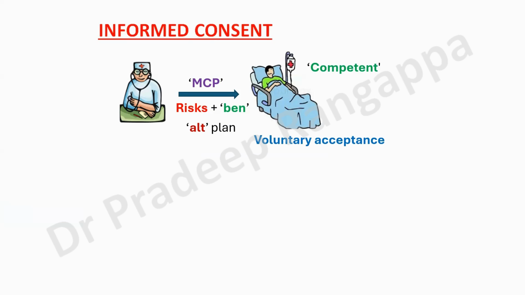This whole process is called informed consent, where the medical care plan, risks, benefits, and even whether there are any alternative ways of doing or not doing the intervention have been explained, and acceptance of all these by a patient is what constitutes the whole science of consent.